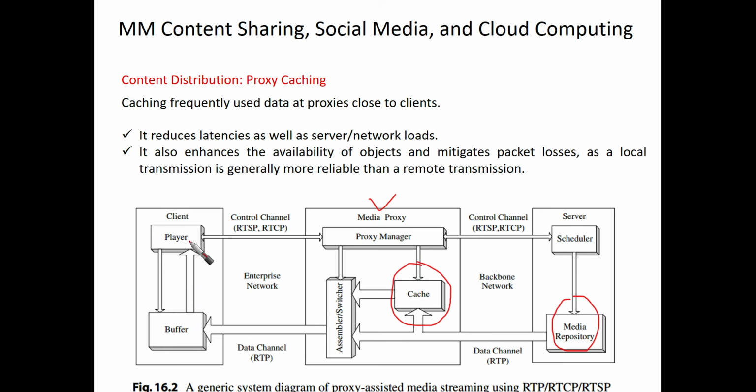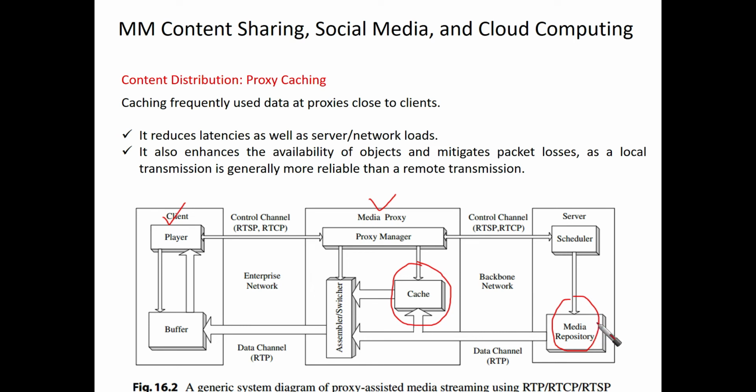So it observes that when this client accesses some specific content, the proxy server observes these communications between the client and the server, and based on their pattern, the most popular content is cached in the cache server. Next time when this client wants to consume some data, if it is already in the cache, it doesn't need to access the original media server.